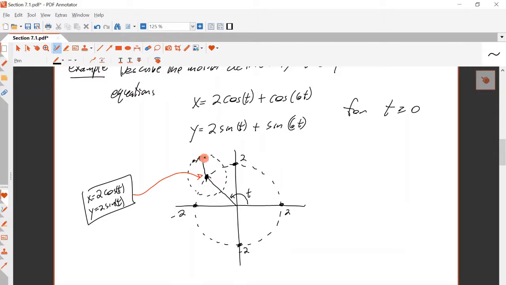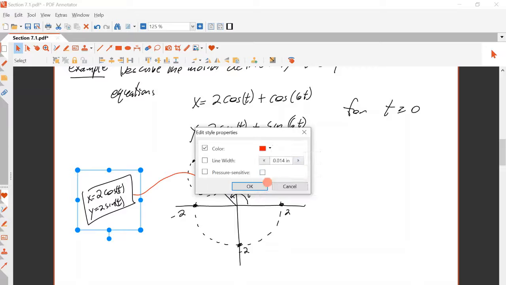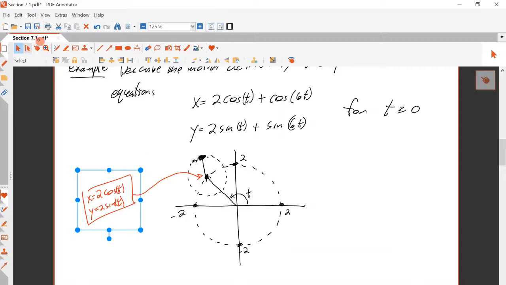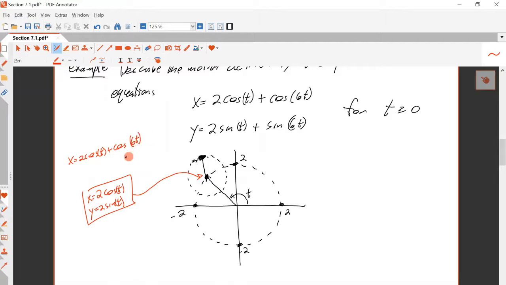Where exactly, I don't know, but we're somewhere along that. So x is 2 cosine t plus cosine 6t, y is equal to 2 sine t plus sine 6t. That's this point right here, the point being described.